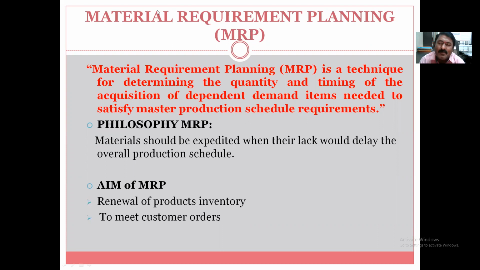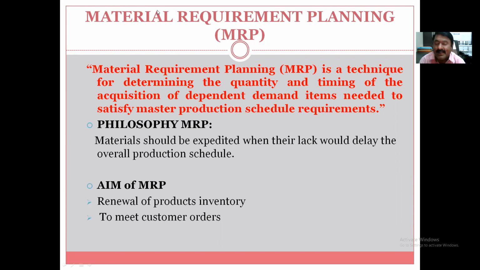Again, procurement is a process: quotation calling and comparison, then the best quality and quantity at a marginal price. Then he will place the order, and the material will be available on the shop floor. So this is the philosophy of MRP.